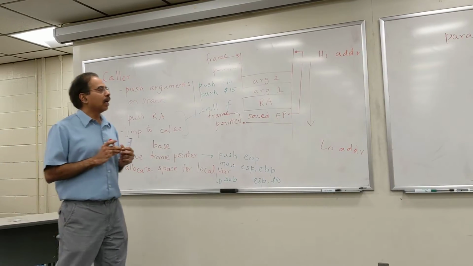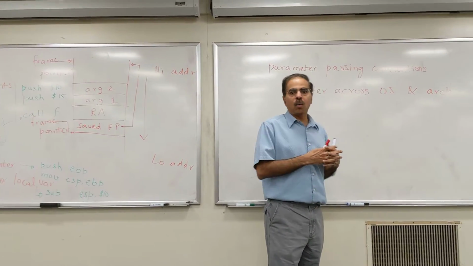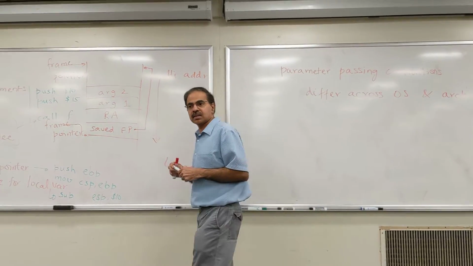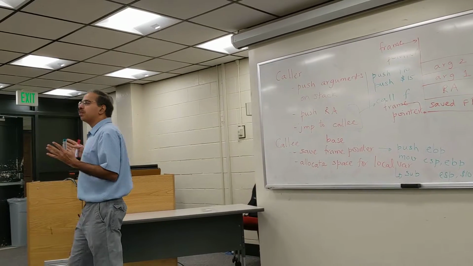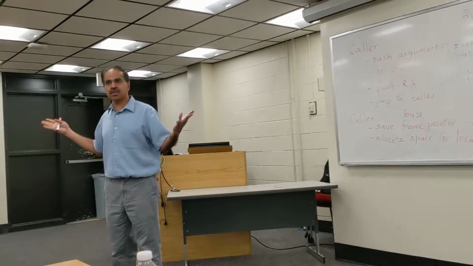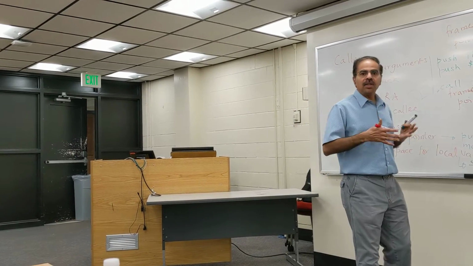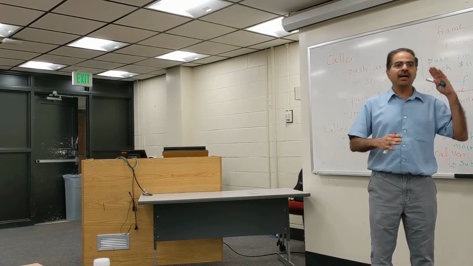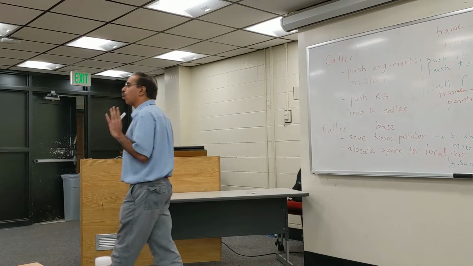So it's not that these conventions are widely different across different processors. There are a few possibilities, and you just cycle through those. But it would be inconvenient to say on this processor, this operating system, something, so we'll just stick to one.